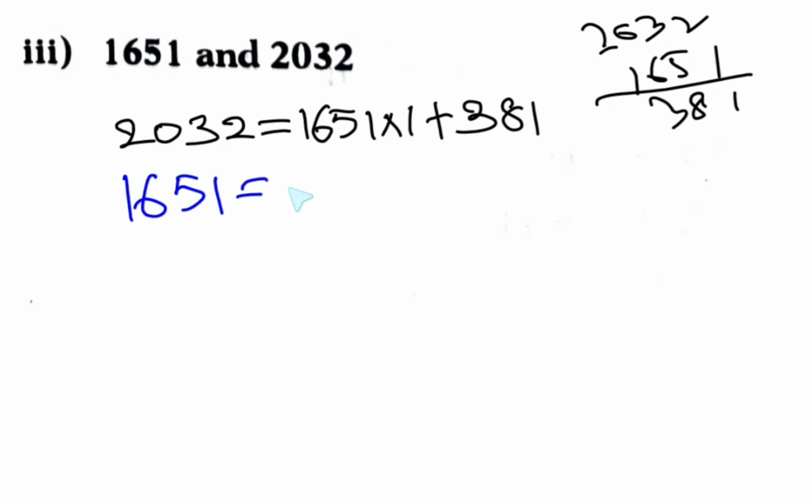1651 is equal to 381 into 4 times, because 1600 is there. 381 means 400, 4 times: 4 ones are 4, 4 eights are 32, and 4 threes are 12, 15. So the remainder is 127.